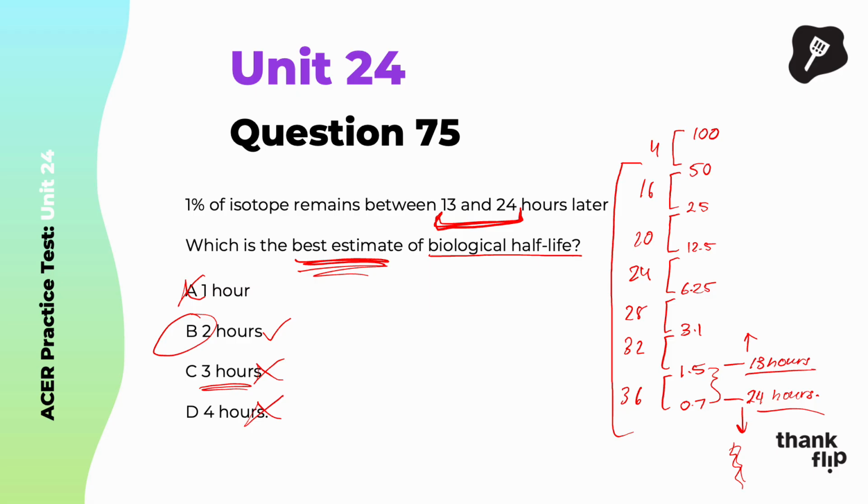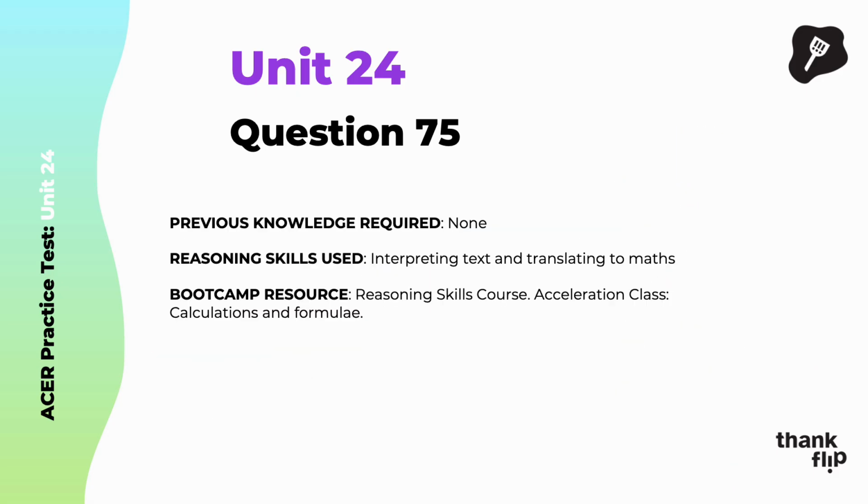So the answer, therefore, would be B, because we're looking for the best estimate. Technically, 1% does remain between 13 and 24 hours if you're looking at these biological half-lives, but you're looking for the most accurate or the best estimate, and so for that, you'd look at B. So for this question, again, no previous knowledge was required.